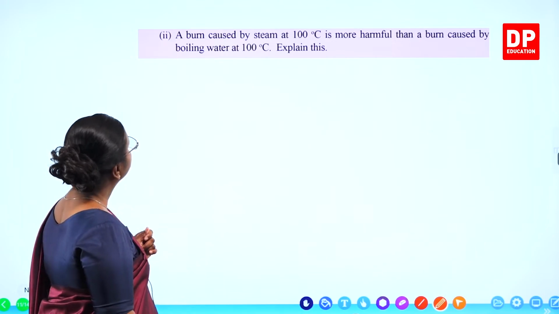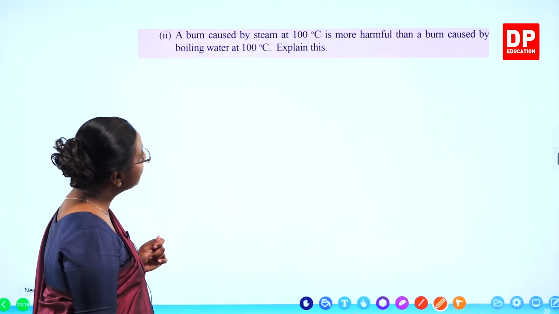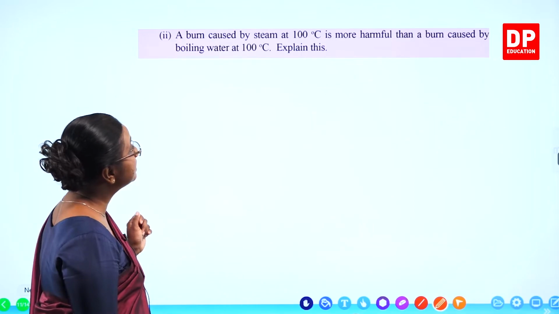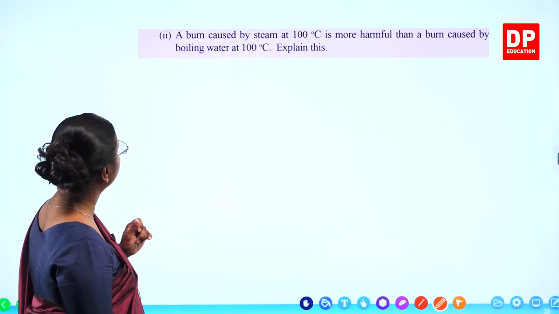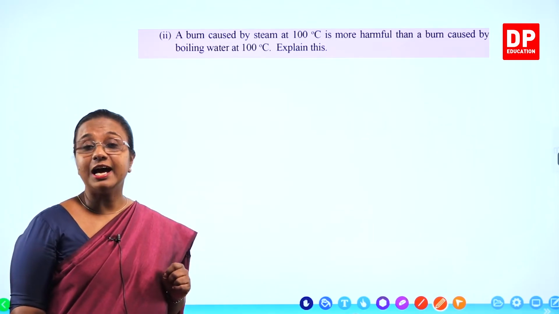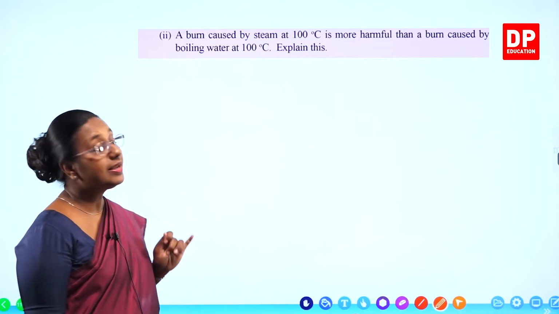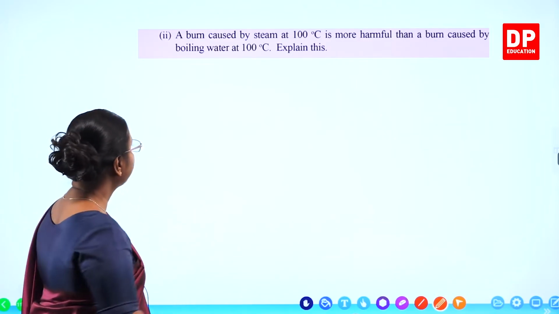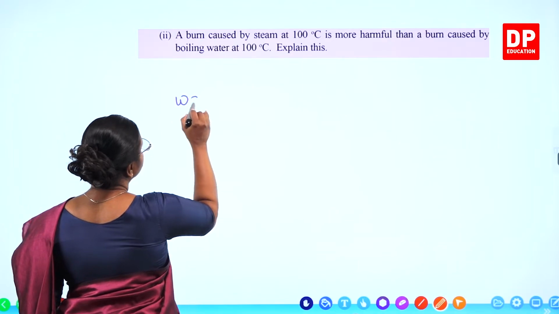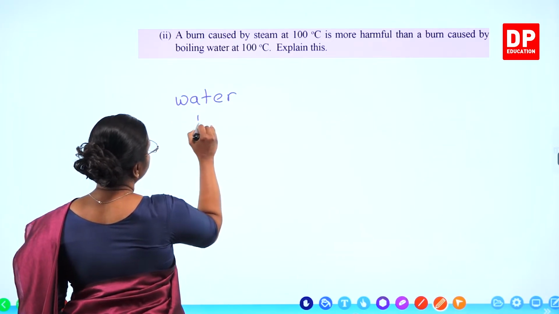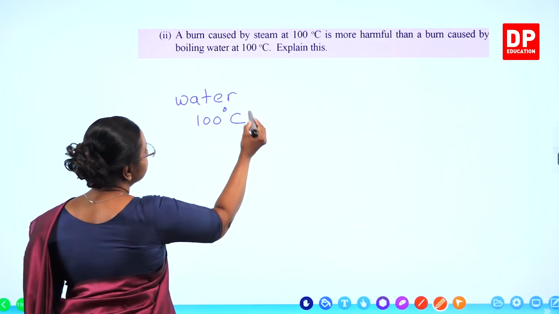The second one, a burn caused by steam at 100 degrees Celsius is more harmful than a burn caused by boiling water at 100 degrees Celsius. Explain this reason. What happens there? You have water, 100 degrees Celsius.